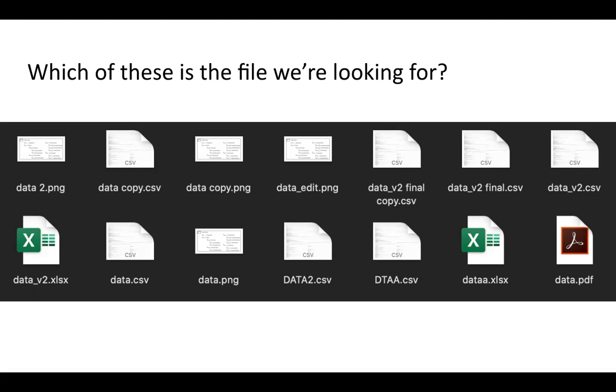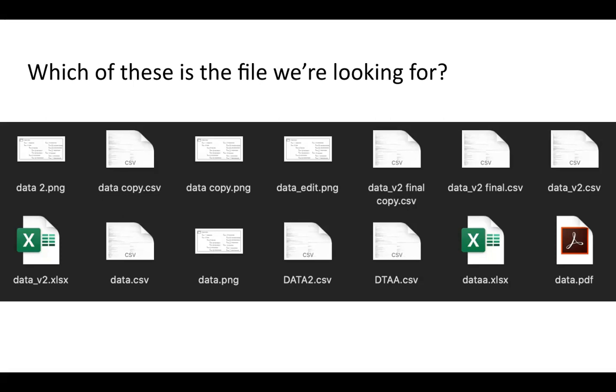All right, so basically the answer is no to all of these. Someone suggested maybe the file with final is the most up to date, but as you notice, there's also two file names with final in there. We have a copy of a file with final in the name.